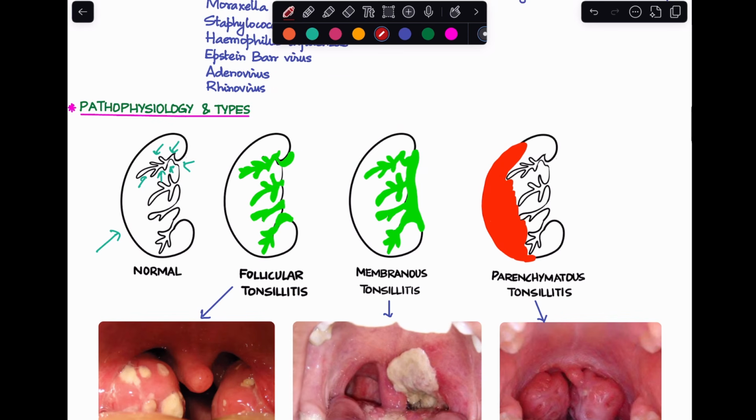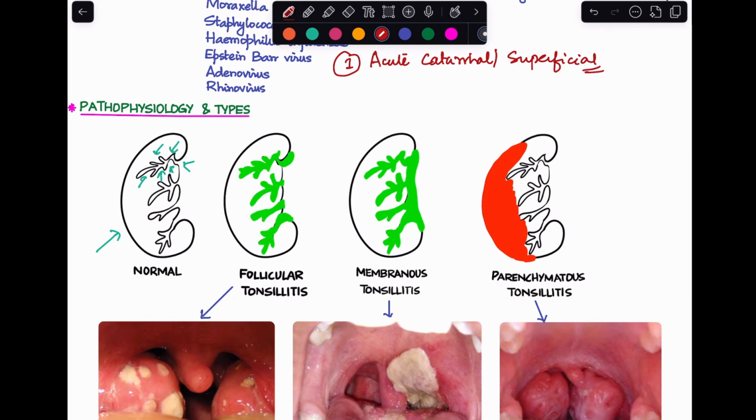So the first type that we have over here is known as acute catarrhal or superficial tonsillitis. Now, what is this? In acute catarrhal or superficial tonsillitis, you'll see that the tonsils are inflamed as a result of a generalized infection of the oropharyngeal mucosa.